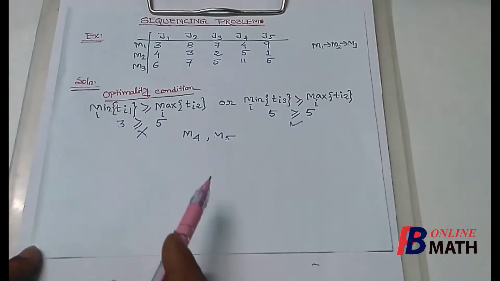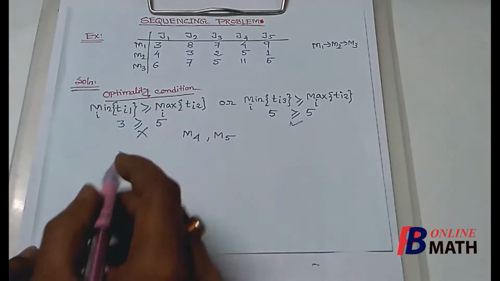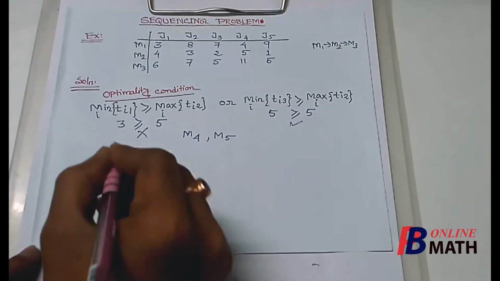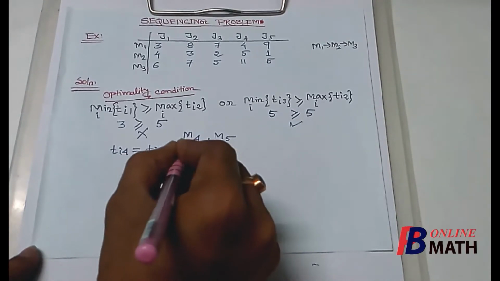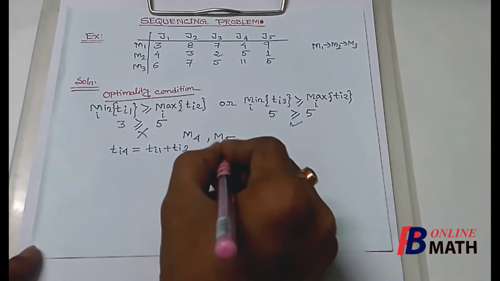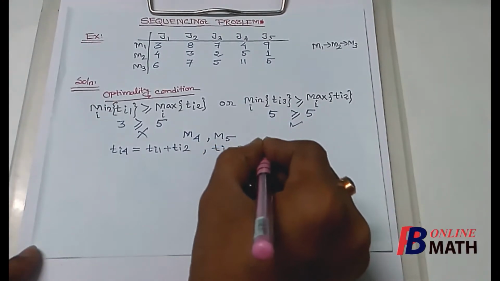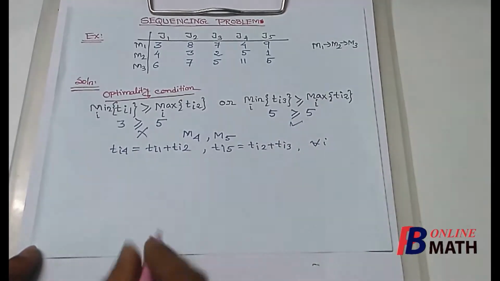Suppose we consider two fake machines M4 and M5 with processing times Ti4 equal to Ti1 plus Ti2, and Ti5 equal to Ti2 plus Ti3, for all i.